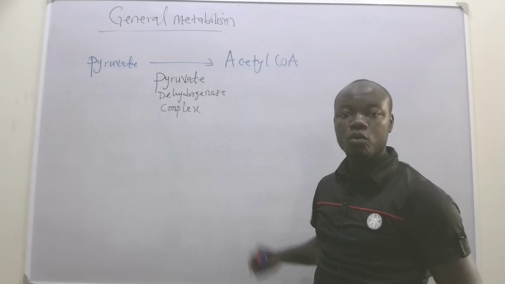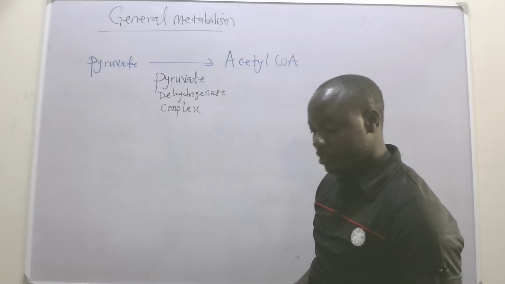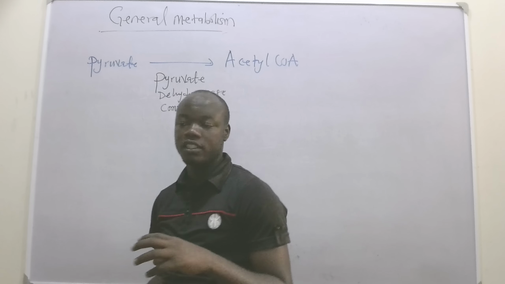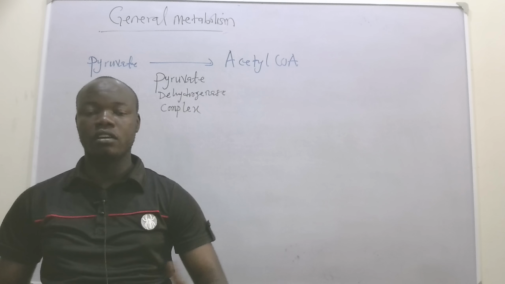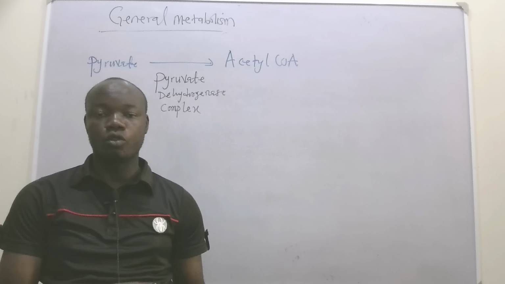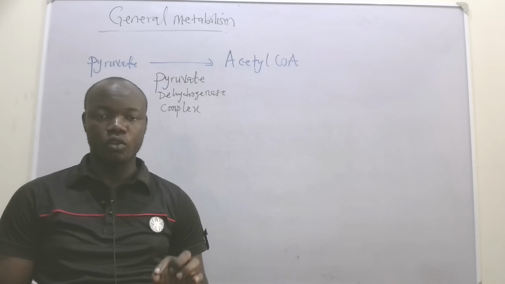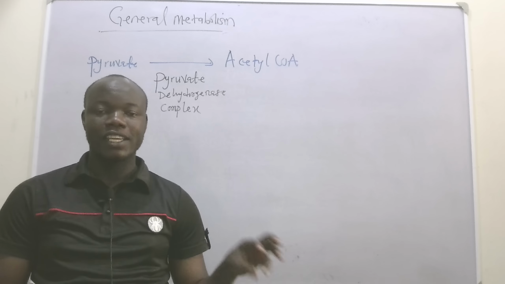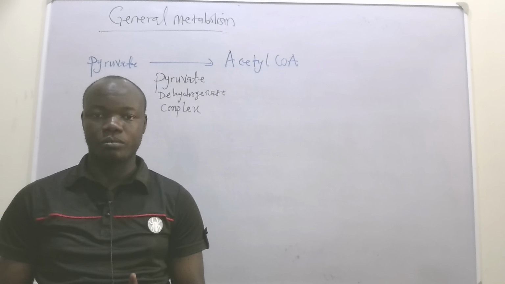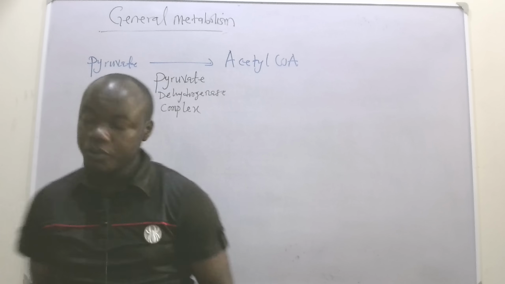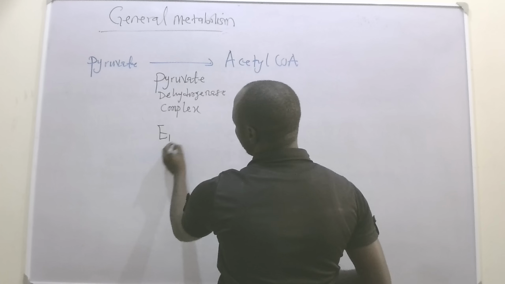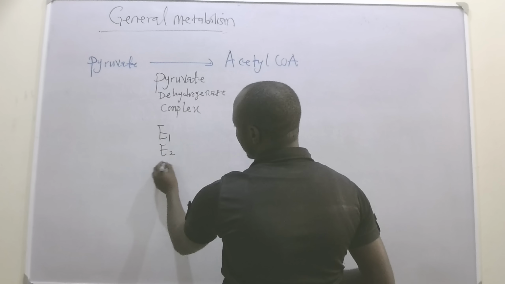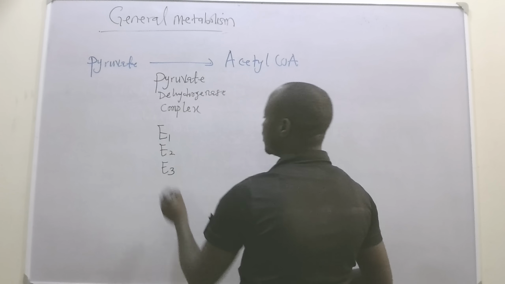Whenever you have the word complex, it means it is not actually a single enzyme. It is a complex enzyme that encompasses many other enzymes. The pyruvate dehydrogenase complex is a complex of three enzymes: E1, E2, and E3.